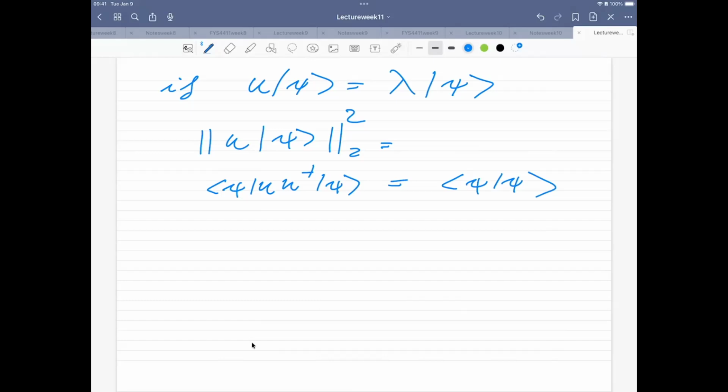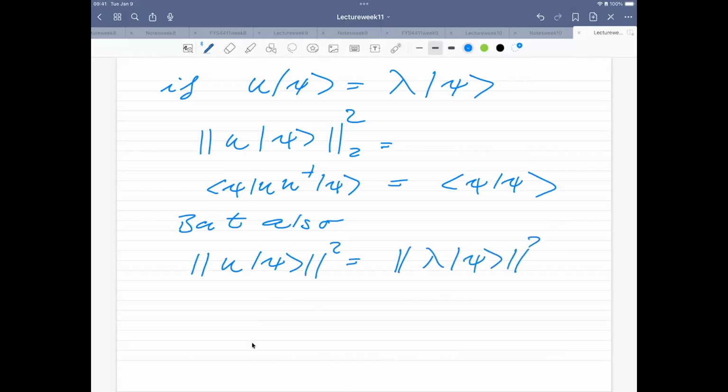But this is also, what we have is if I take the norm 2 of this quantity squared, this is actually equal to lambda times psi, norm 2. So I'm just going to put the 2 here.